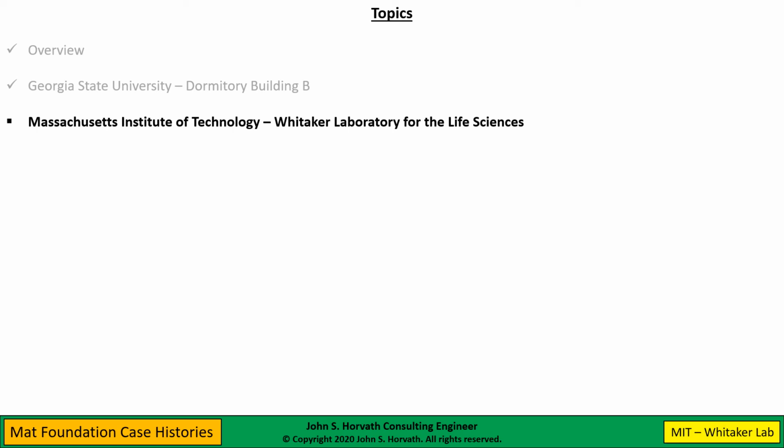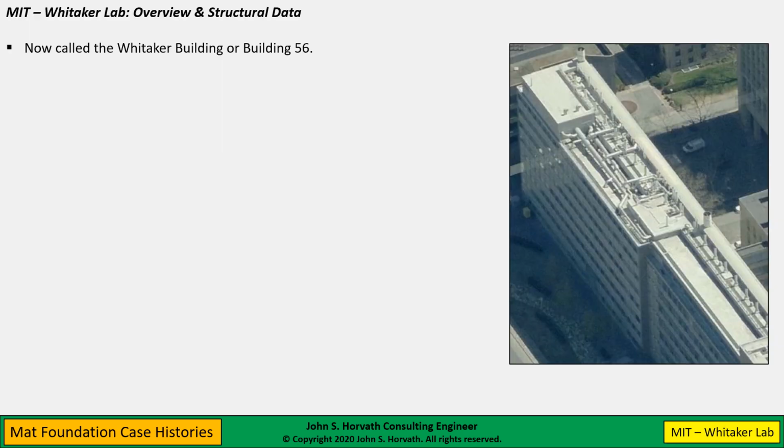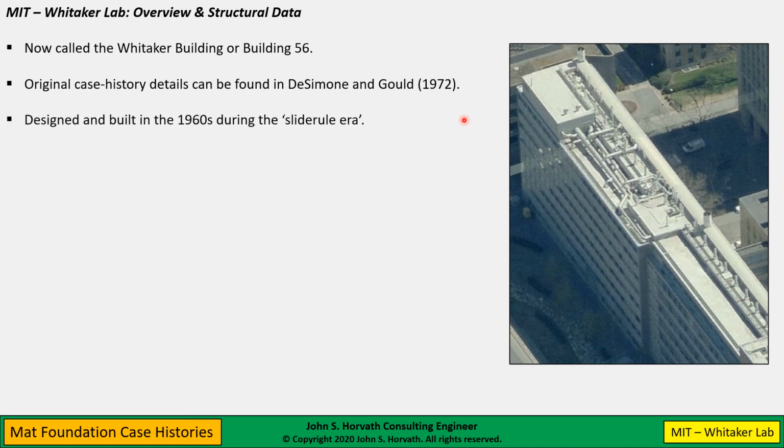Now I want to look at the first of 2 case histories at MIT. The first one being the Whitaker Laboratory for Life Sciences. In the present day, this is known as the Whitaker Building or Building 56. The original case history details are found in this paper by D'Simone and Gould I noted earlier in the presentation.